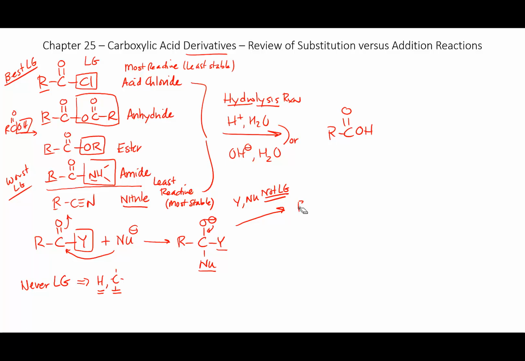What happened? Nothing. The O- tried to bring the pair of electrons down, and neither group could leave. So it just kind of hung out and waited for the H plus to come in and protonate the O- to form the final product.